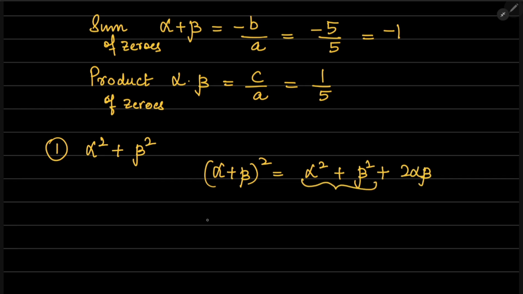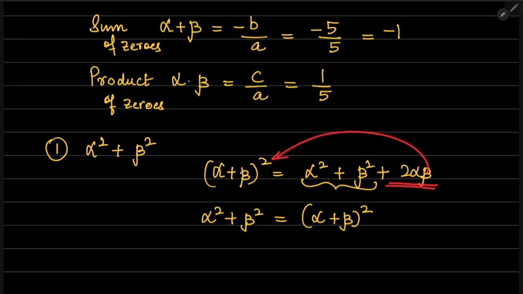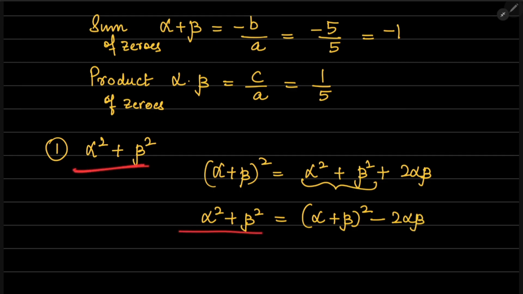Therefore, the identity for alpha square plus beta square is alpha plus beta the whole square, and the plus 2 alpha beta will go to the other side and become minus 2 alpha beta. So alpha square plus beta square is equal to alpha plus beta the whole square minus 2 alpha beta.